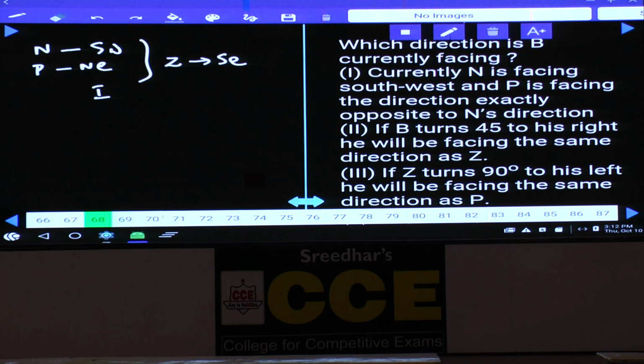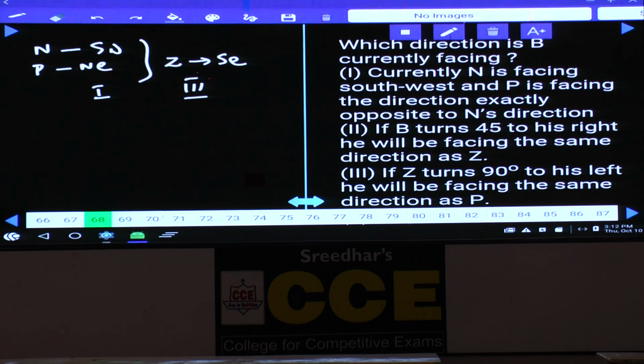Now this is 1 and this will be 3. Then by combining these two, are we getting any answer here? 1 and 3, there is no information about B. 1 and 2, there is no information either, as Z's information is not known.